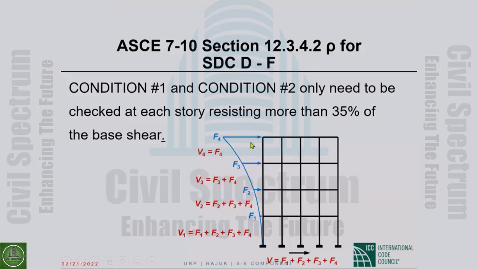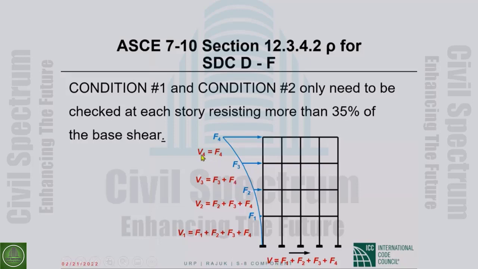So if you take this building, these are the story level forces, F4, F3, F2, F1 for the floor levels, 4 levels. The story shear in this story is that force. The story shear here is the sum of those two forces. The story shear at this level is the sum of all the forces above, and that is the base shear.